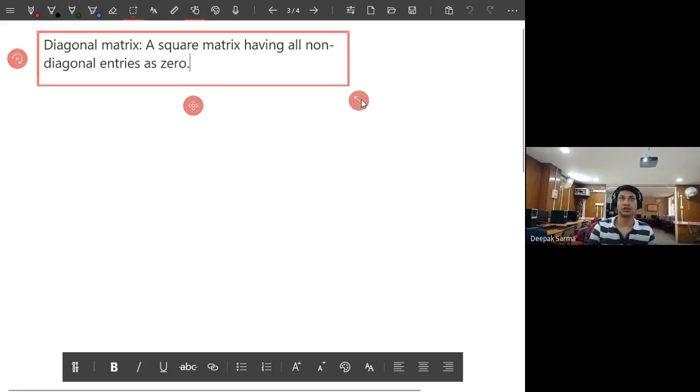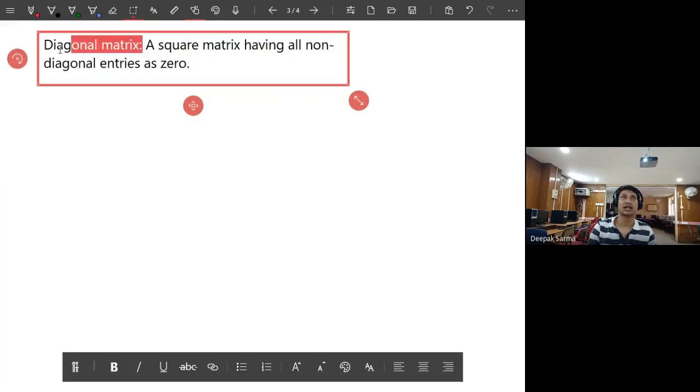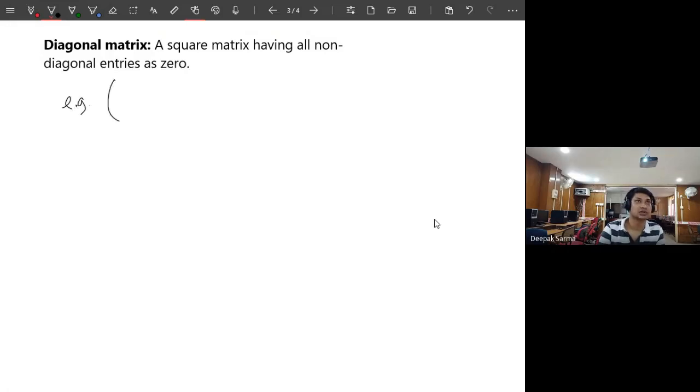So we consider a square matrix, and we need the non-diagonal entries to be all 0. Let us give an example again. Can you help me? Any of you? Let us first consider 2 by 2. Suppose 1 0 0 2. This one is square. This is a diagonal entry, 1 1 position, 2 2 position. Other than that, all the non-diagonal entries are 0.